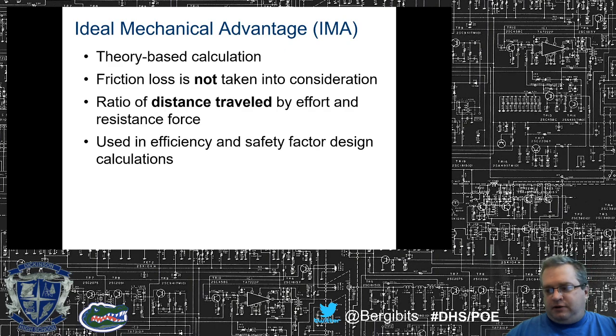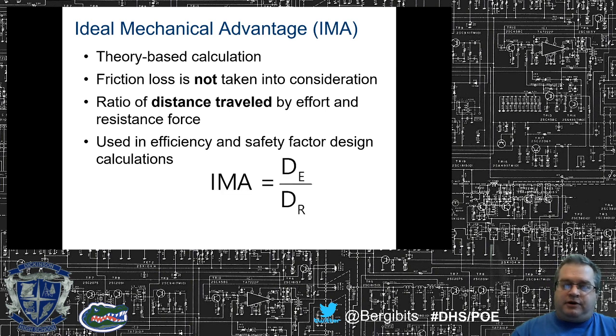So taking distance into account is necessary to figure out just what's going on with the need for distance in between you and the resistance force. So when you're looking at distance, friction is not taken into consideration. We're just looking at the numbers, ratio of distance traveled by effort and resistance force. That's all we're looking at. And there's your formula.